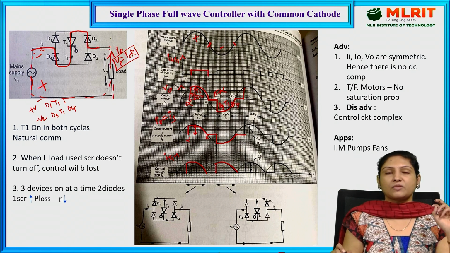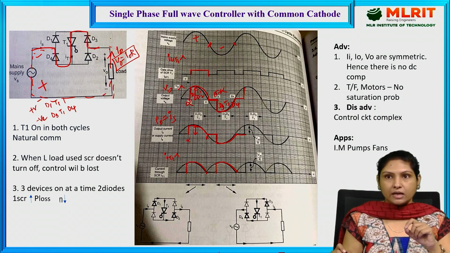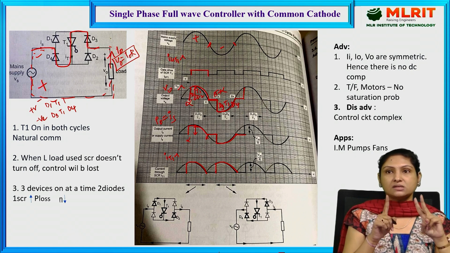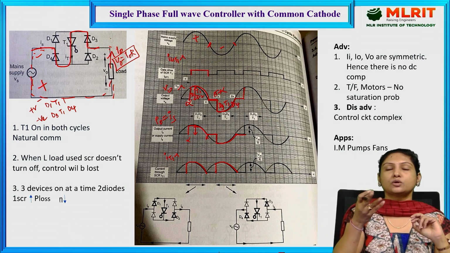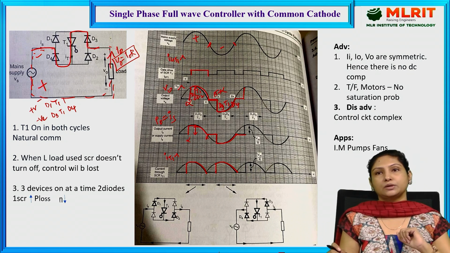And one more thing, here we are making use of 3 diodes. 3 devices will be on at a time, 2 diodes and 1 SCR. At a time, 3 devices are conducting, which contributes to the power loss, and because of which efficiency will be reduced.